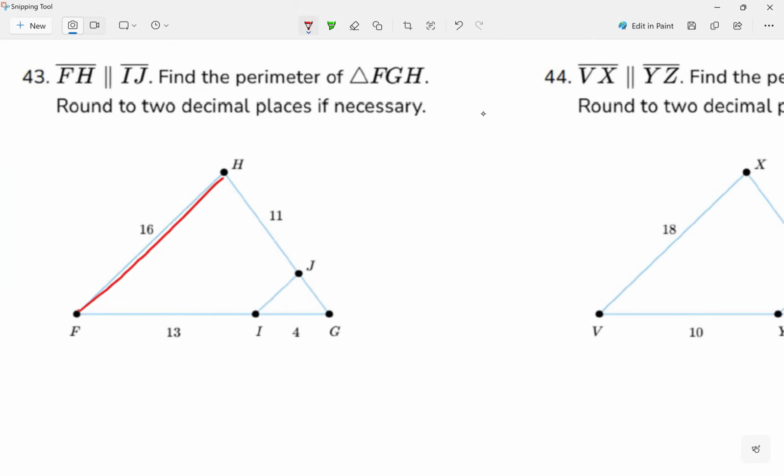So this side is parallel to this side. Find the perimeter of triangle FGH and round it to 2 decimal places. Well, because these are parallel, these angles are equal.